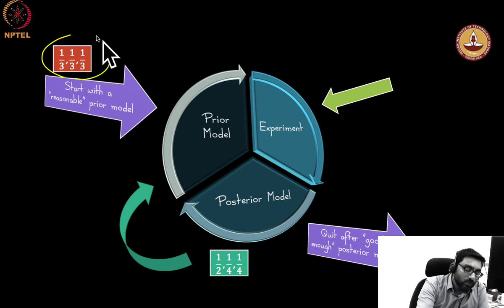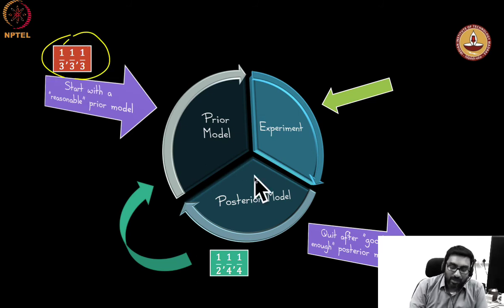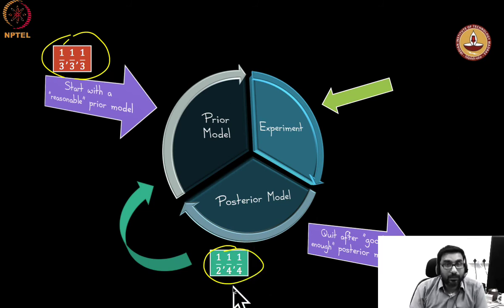We started off with 1/3, 1/3, 1/3. We ran an experiment. We updated our probabilities and used these updated probabilities to run the experiment again. And then further we will keep refining, we'll get a better posterior model, which is the individual probabilities of E1, E2, and E3, and that will become our prior model.